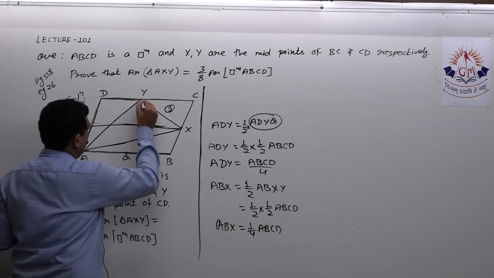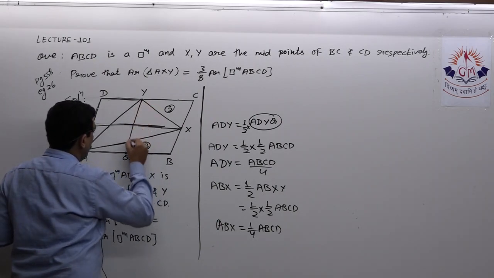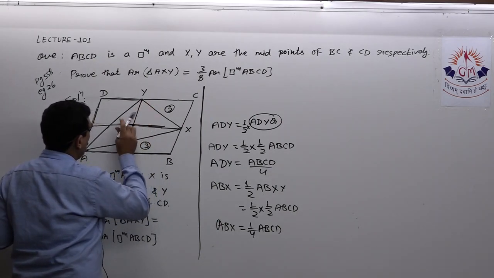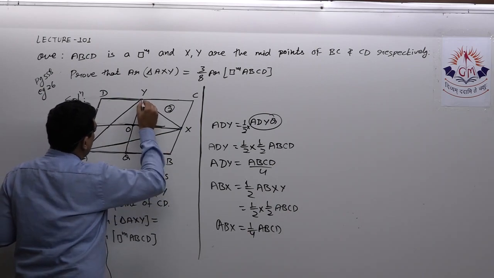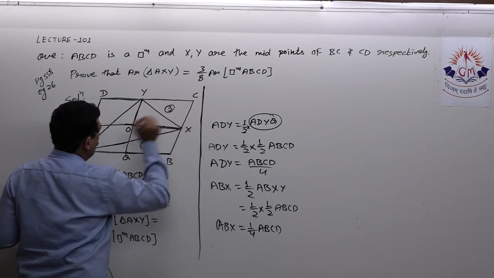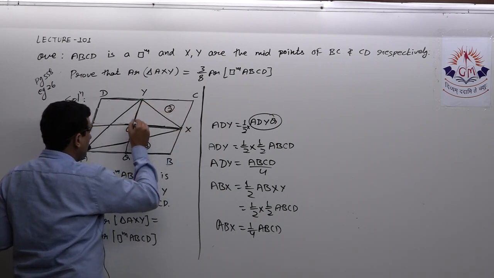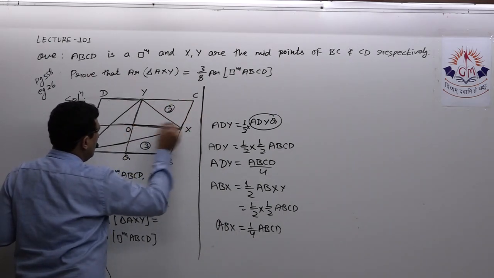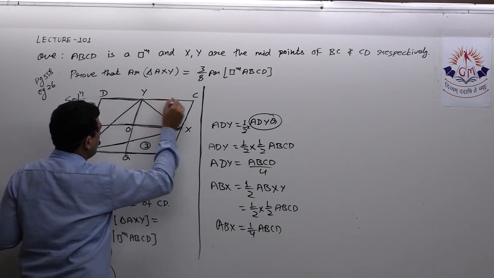Now this was already there. Let this point be O. This quadrilateral YOXC is a parallelogram, because this is parallel to this, as well as this one is parallel to this.